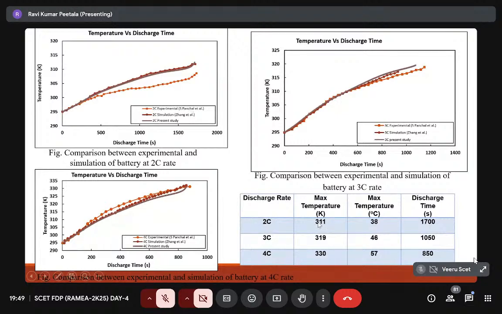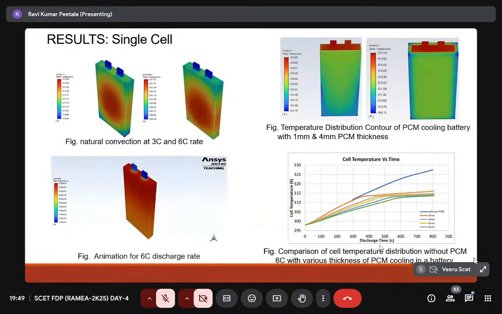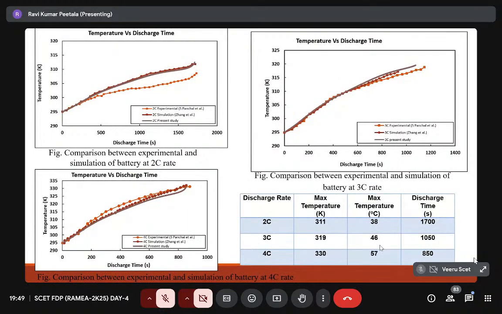Here I have shown that the maximum temperature at the 2C rate is 38 degrees centigrade at 1700 seconds, and in the case of 3C and 4C, the maximum temperatures observed are 46 and 57. These are the simulations we validated with Panchal and Jiang et al. These are without PCM, only natural convection.